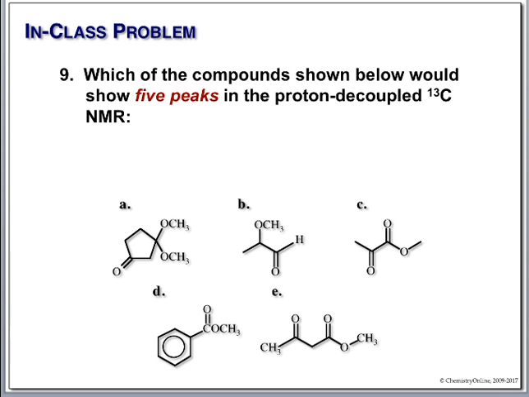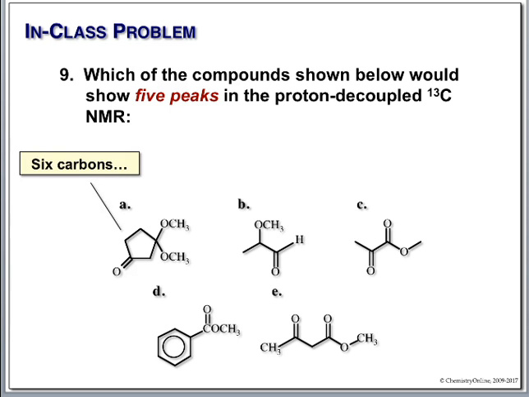we are dealing with a 5-membered ring, so that's 5. We have 2 methoxy groups that are going to be identical. So we're going to have 5 for the ring, 1 for a methyl group, a total of 6 unique carbons in the C13 NMR.